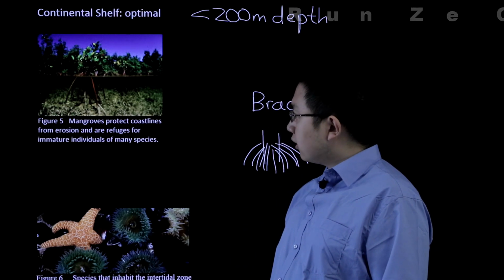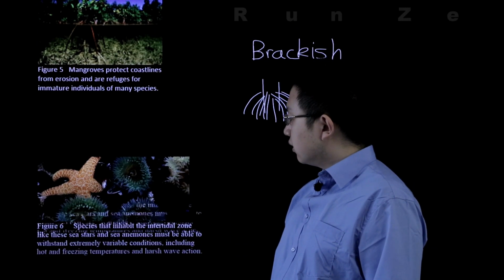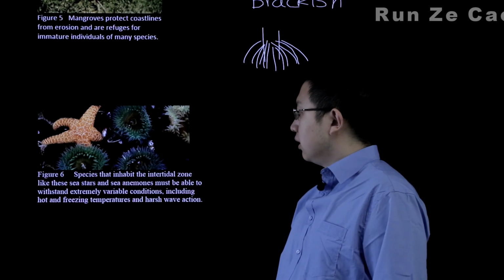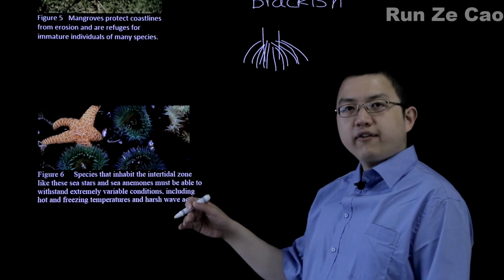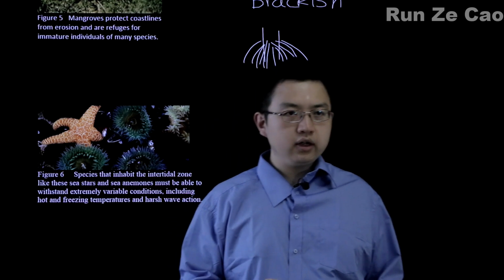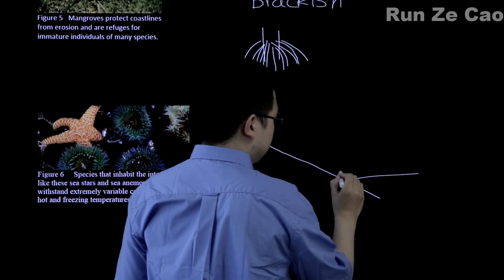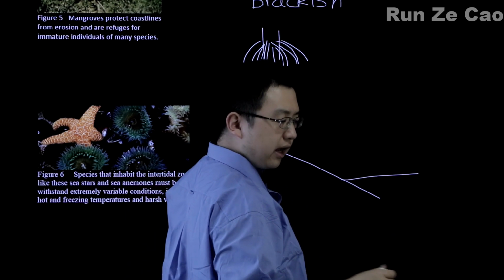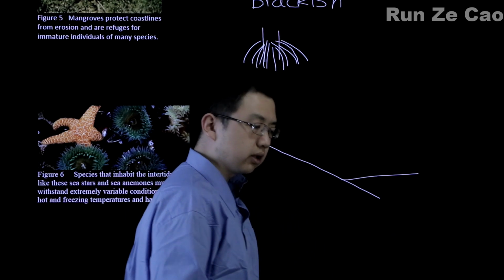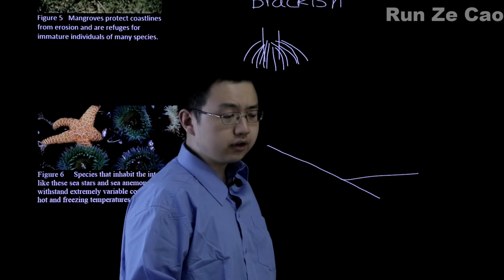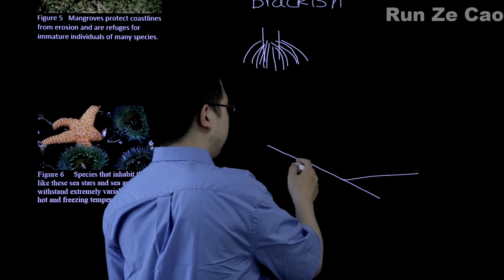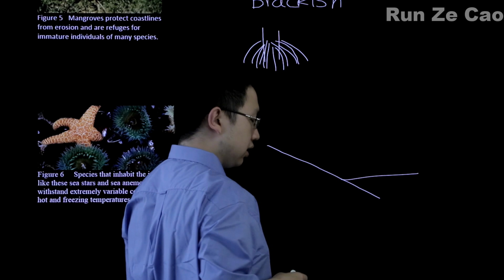Now, let's think about other creatures that might live a little bit closer to salt water. So, if we don't have a tidal pool, and we don't have an estuary, and the ocean is just directly going up against the land, we know that there's tide, right? Well, okay, this happens even in estuaries, but it's most obvious in the open coast.